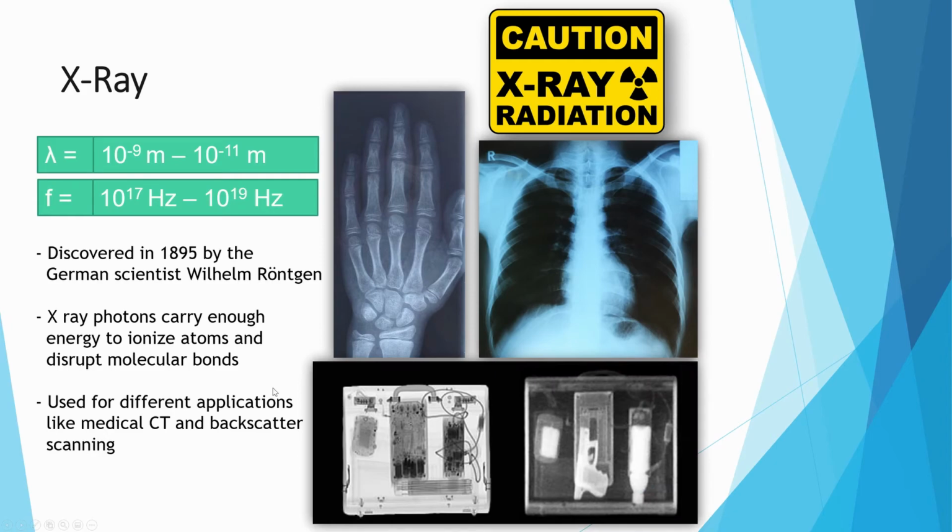Because of this, X-radiation is able to ignore soft tissue structure and is also blocked by harder materials like bone, making it useful for different applications. Other usage may be medical CT and backscatter scanning, for instance for security checks.